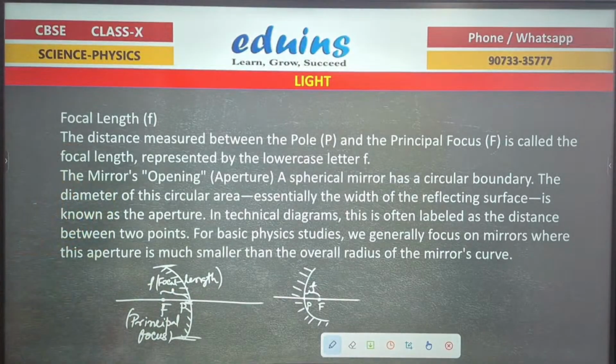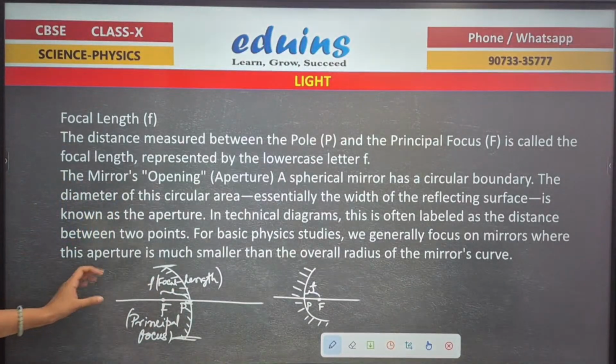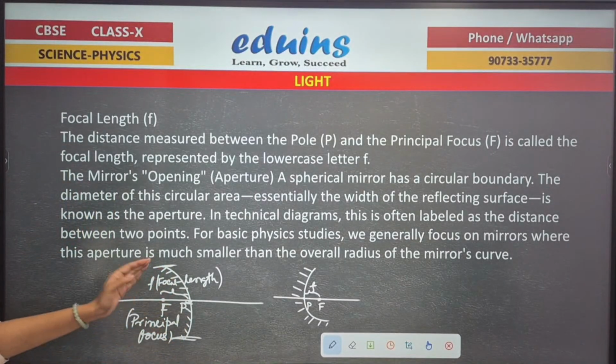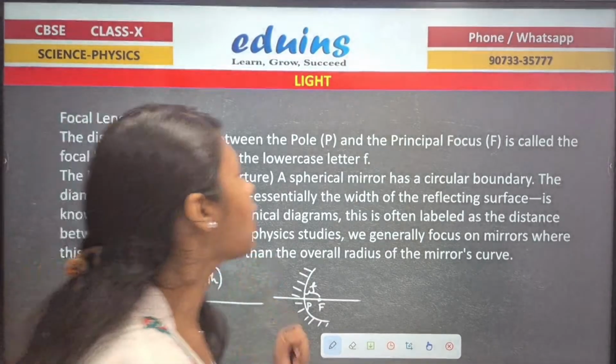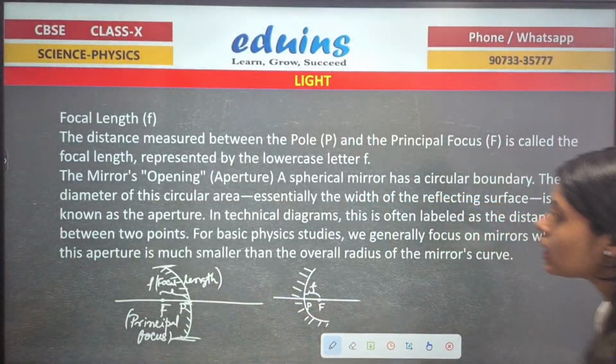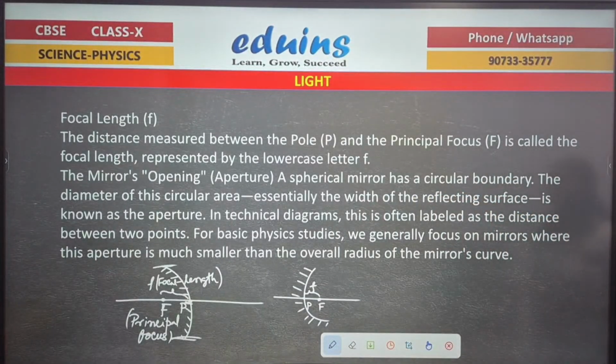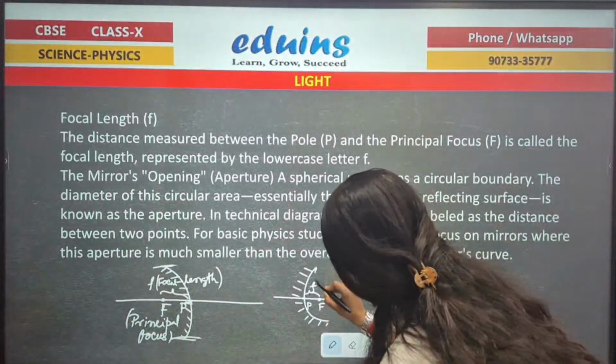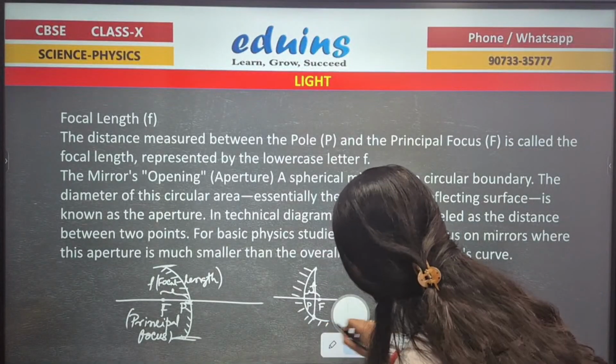The diameter of this circular area, essentially the width of the reflecting surface, is known as the aperture. In technical diagrams, this is often labeled as the distance between 2 points, just like this. This is known as aperture.